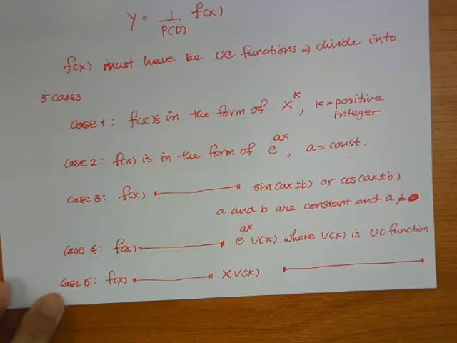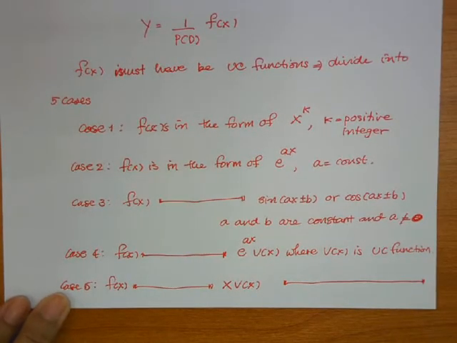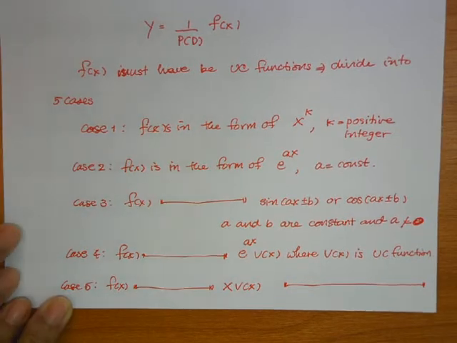And case 5, your f(x) has got to be in the form of x times v(x), where your v(x) has got to be a UC function. So if you have other functions not matching any of case 1, 2, 3, 4, you cannot use this method to find the yp of your differential equation.